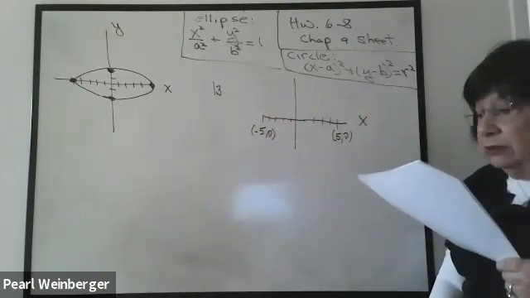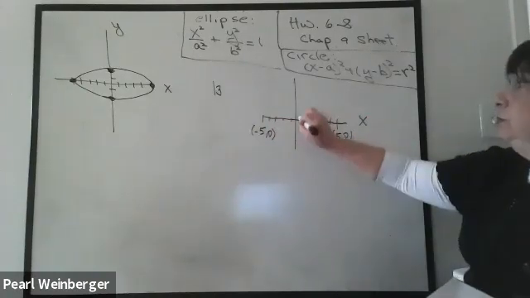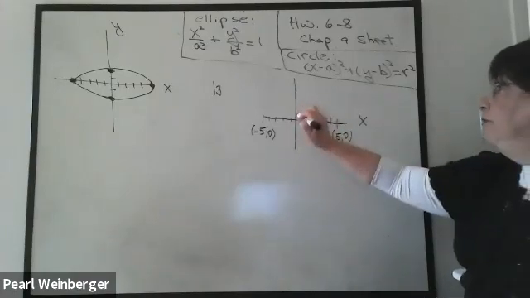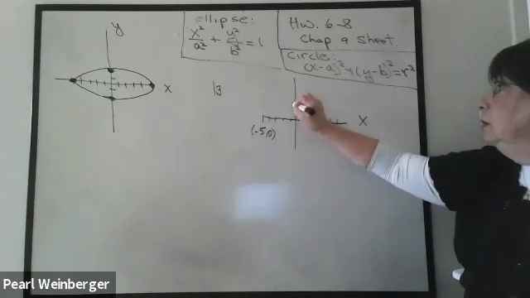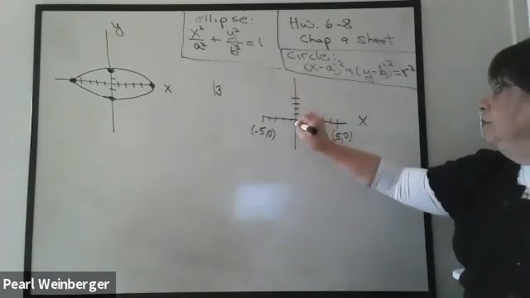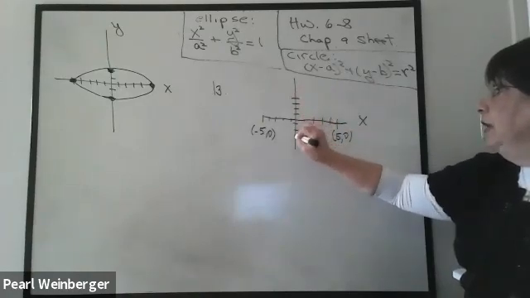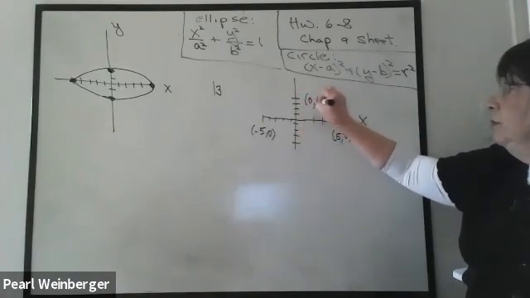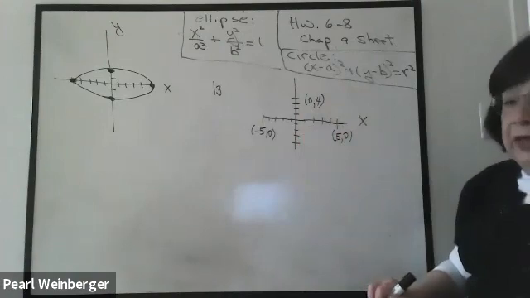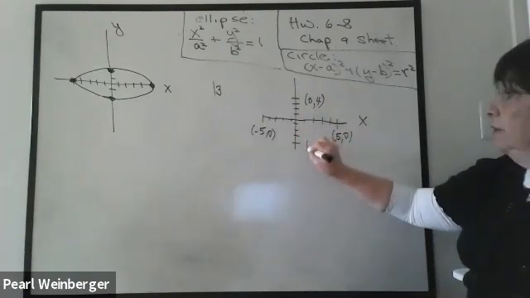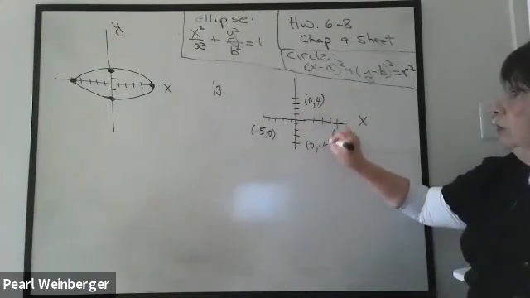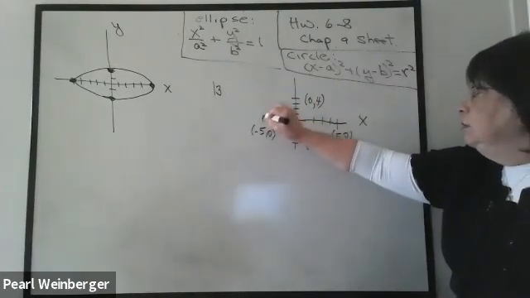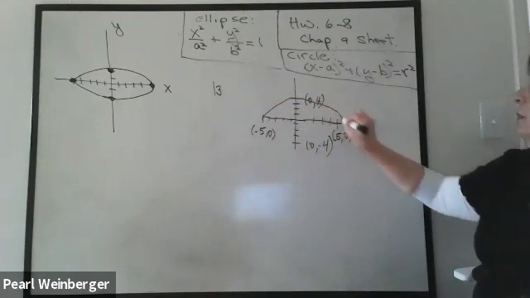My minor axis, they said, is 8, and it's along the y-axis, which means we have to go up 4 and down 4 for a total of 8. So this is the point 0, 4. Remember, when you're on your y-axis, your x is 0, and this is 0, -4. So now we have a picture of what's going on here. Here is my ellipse.